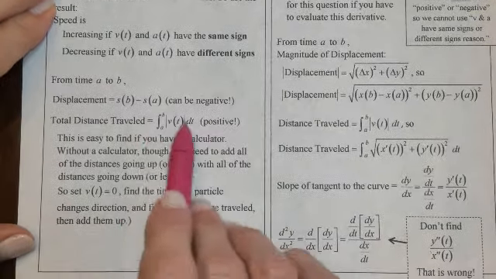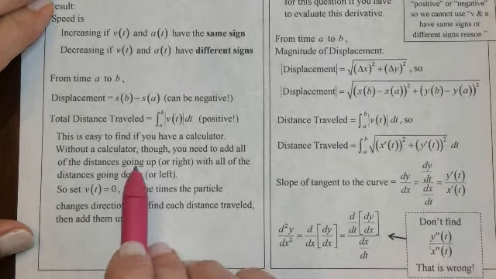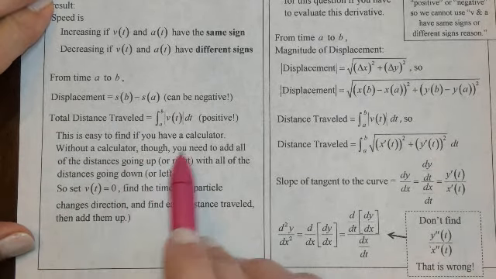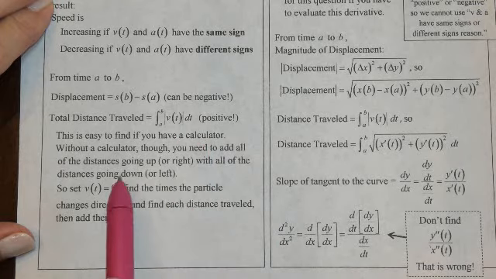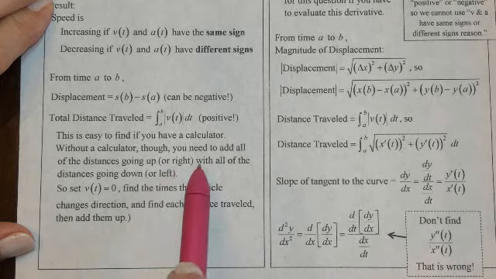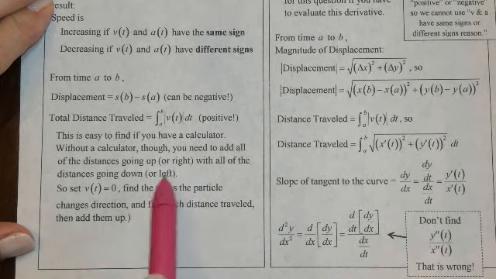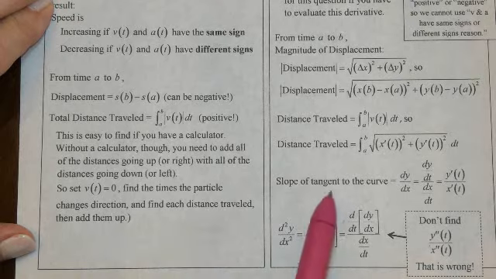Okay. This integral is very easy to find if you have a calculator. Without a calculator, though, it gets very tedious again. So you need to add up all the distances going up or to the right, with all the distances going down or to the left, depending on if you're vertical or horizontal. So set v equal to 0, find the times the particle changes direction, and find each distance traveled, then add them up.